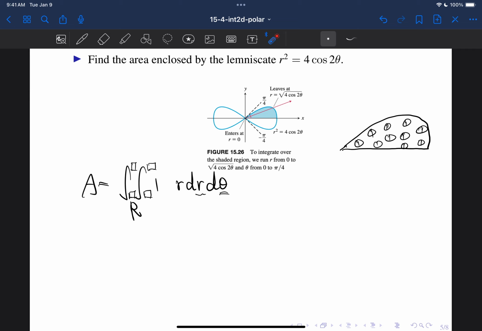But the polar coordinate system tells us you can actually go in a way where you're just sitting here. This is your home, and you're shooting a ray, or a light beam.